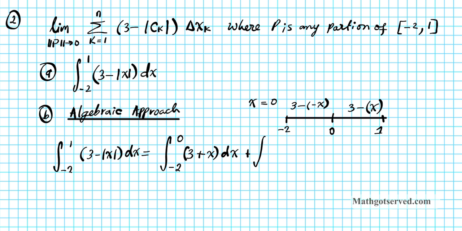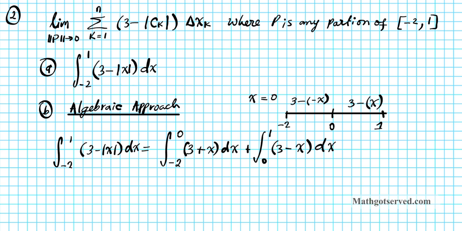And then we're going to now go from 0 to the upper limit of integration, which is 1. And in this area, this absolute value piece will have a positive sign, so it remains 3 minus x dx. Okay, so this integral right here is actually 2 in 1 because of the absolute value component.